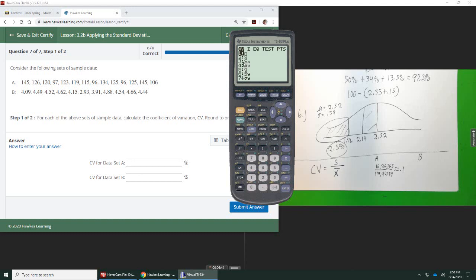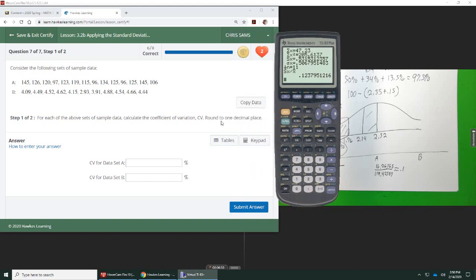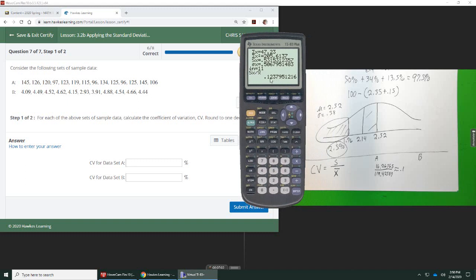First we want sample standard deviation, which is 3. And then divided by vars 5, and this time we want option number 2. So dividing those two. Now it says to round to 1 decimal place, and they're both coming out about the same when we round it to 1 decimal place.